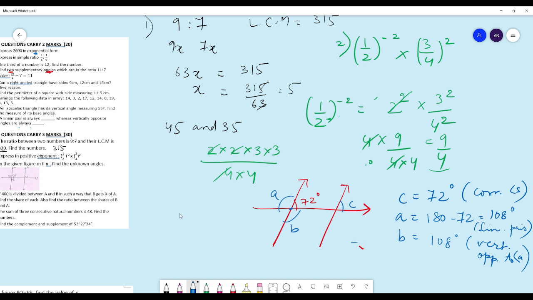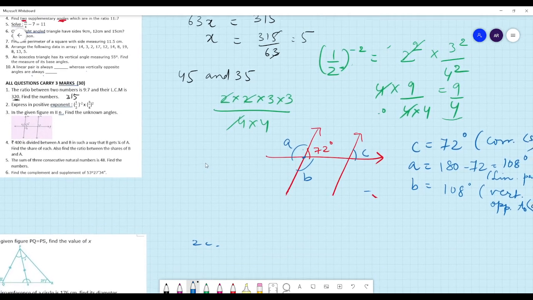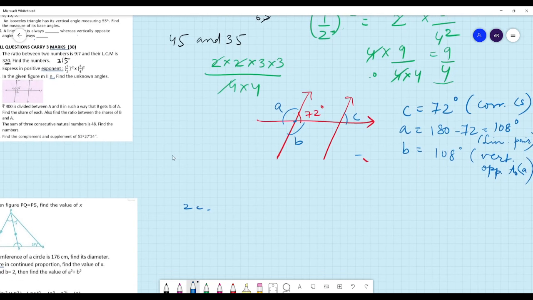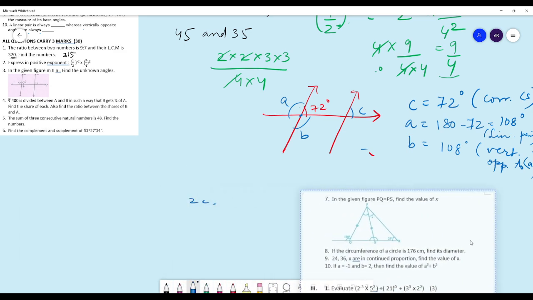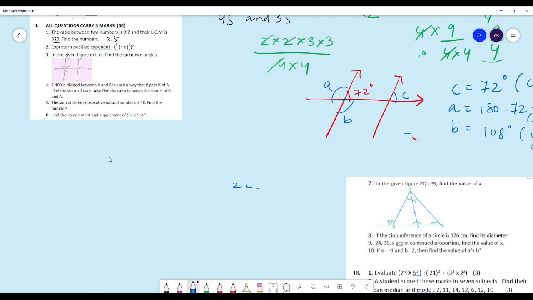Okay, now let us move on to the next question. Let me not go into erasing stuff, and let me just keep moving these other questions so that we can get the answers.